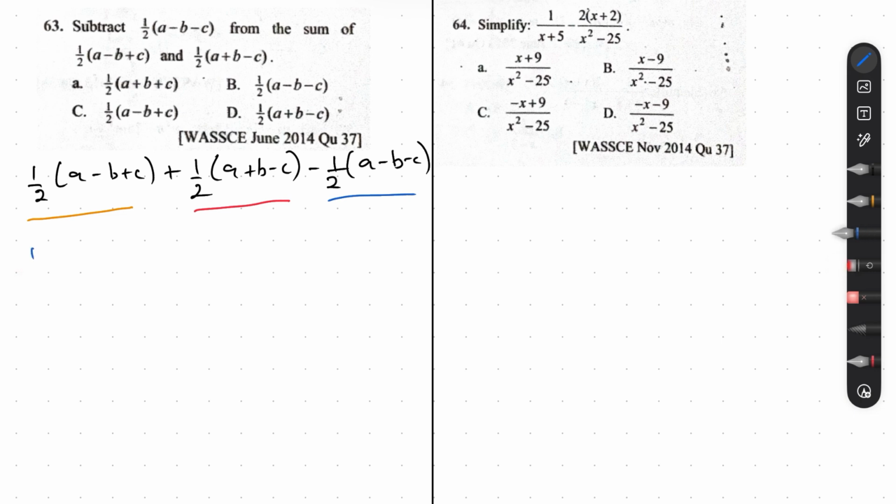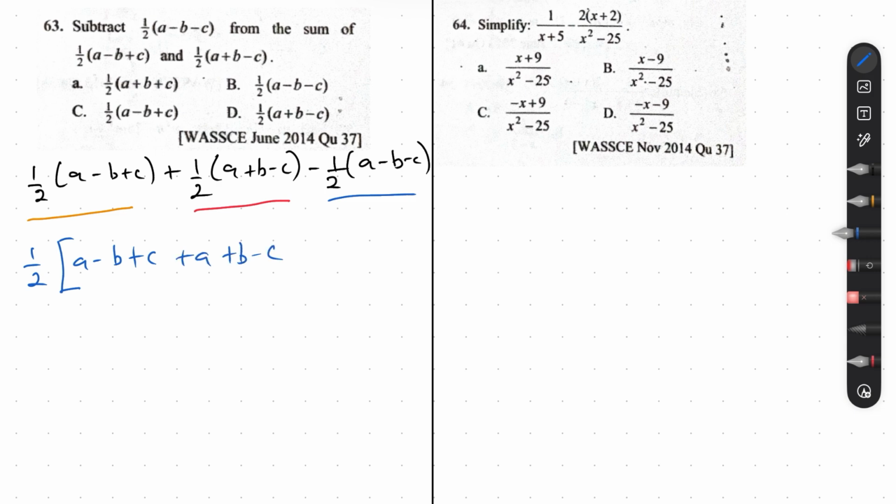1 over 2. Then in the bracket, you'll be left with the rest. If you factor 1 over 2 out from here, we'll be left with this. 1 over 2 out from here, we'll be left with this. And then 1 over 2 from here will be left with negative, because this negative will affect everything. Okay, cool. So let's do that. We're going to have a minus b plus c plus a plus b minus c.